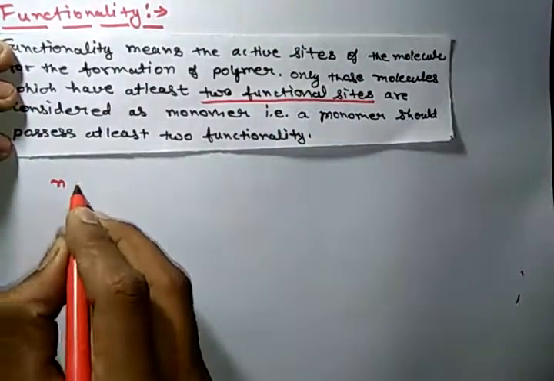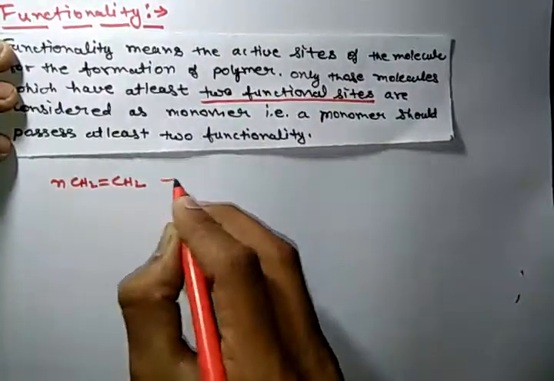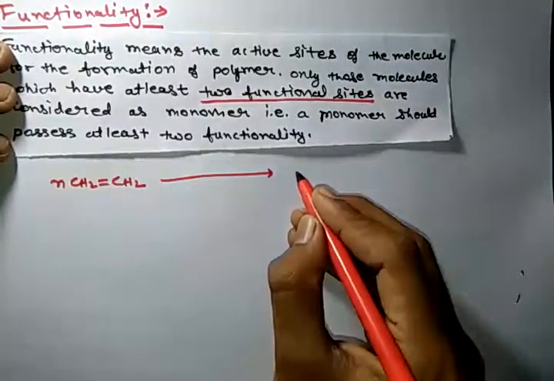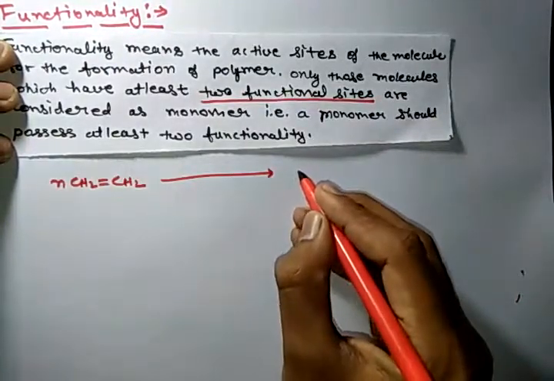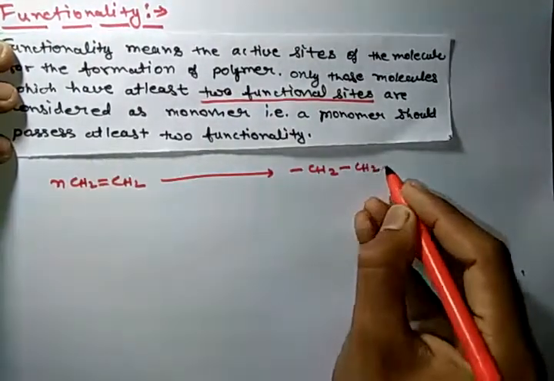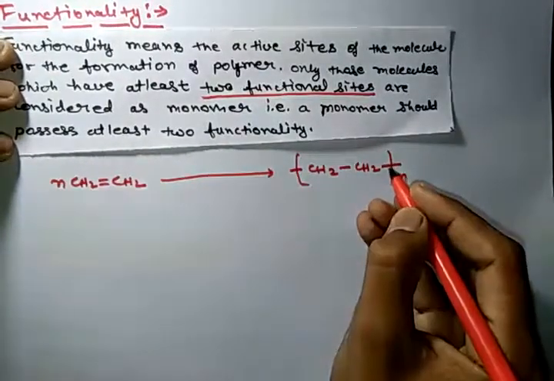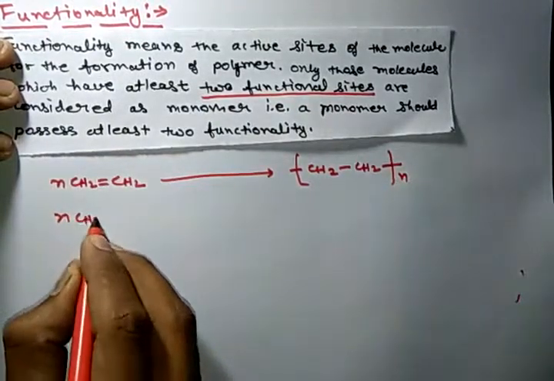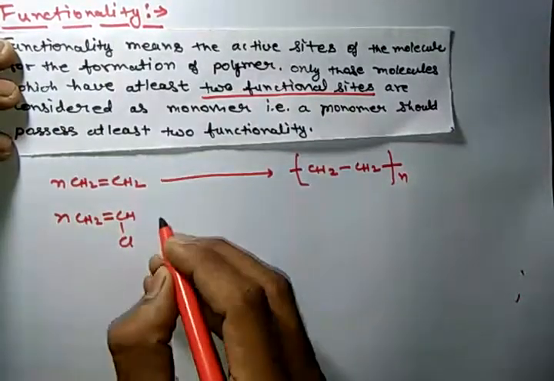Like here is ethylene, a very simple example. When it undergoes polymerization, then the bond between carbon-carbon is broken and a new bond is formed. So this is the functionality of this carbon. Like this, another example is CH2 vinyl chloride.